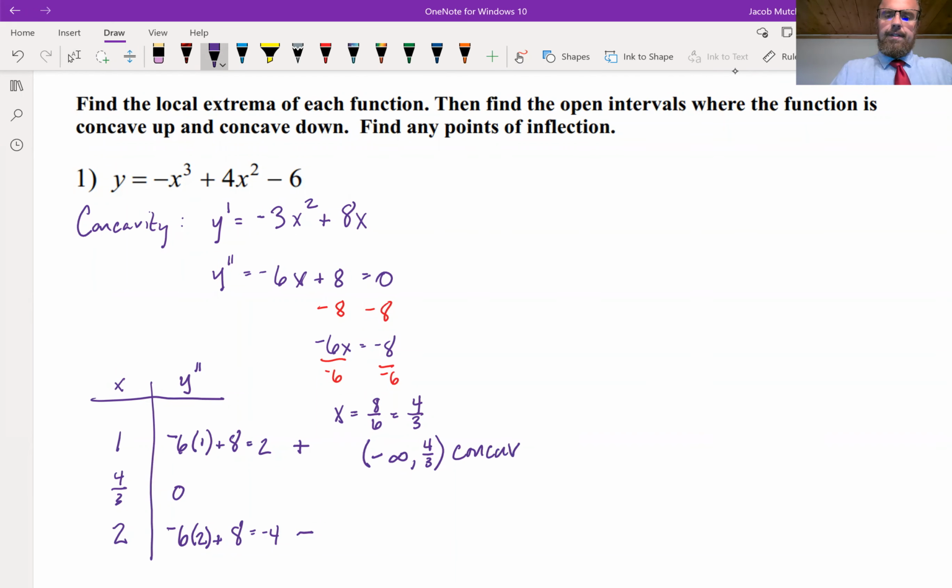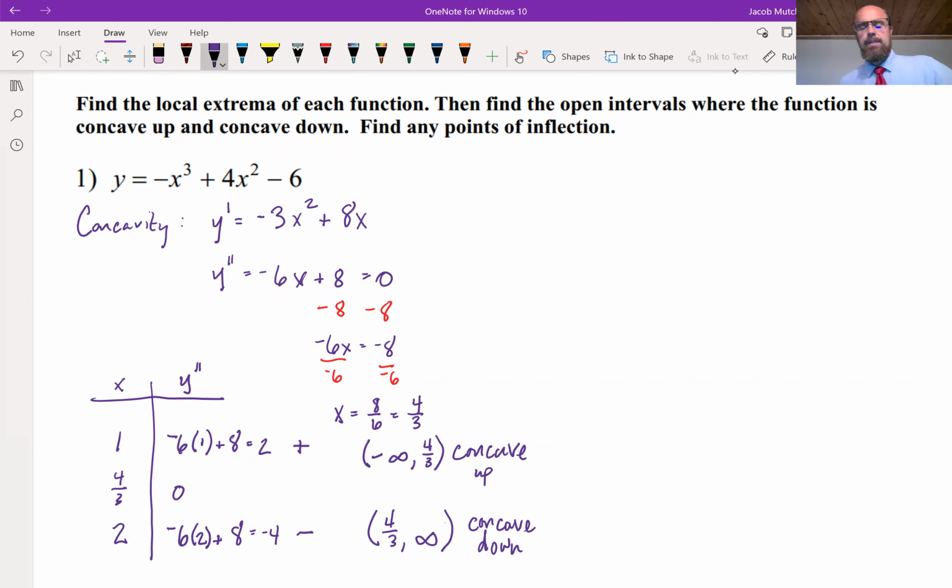Then for the second interval from 4/3 to positive infinity, because the sign of the second derivative is negative, we conclude that the function is concave down.